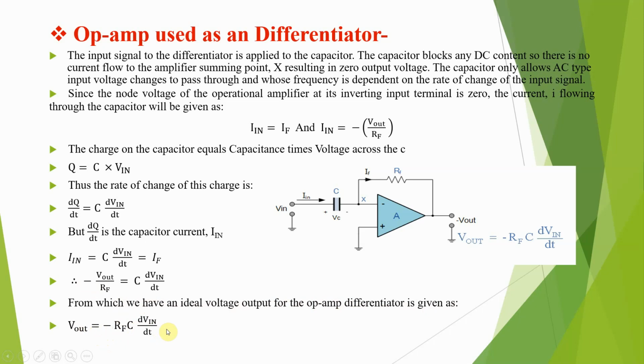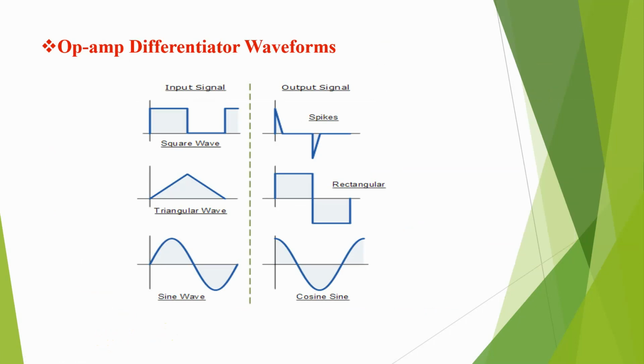This is the equation for the differentiator. It indicates that the output is directly proportional to the derivative of the input signal, and RF and C are constant. Okay, these are the waveforms of the differentiator.